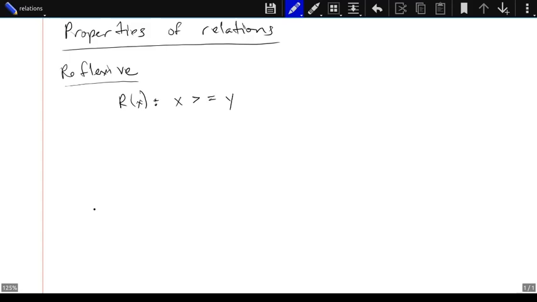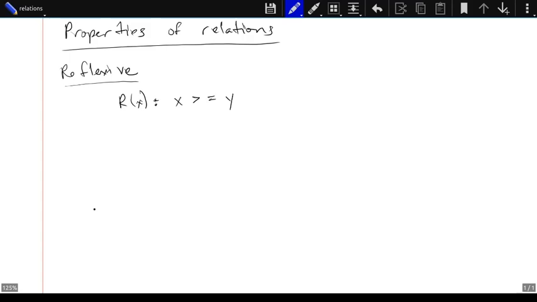So here we have a relation R, which is defined as x is greater than or equal to y. When we consider this relation, if we're not given a domain and we have a numeric or mathematical relation, then we can assume that the domain is all numbers. So for any number, in order for this relation to be reflexive, it must be true that any input, any x value, is paired with itself by this relation.